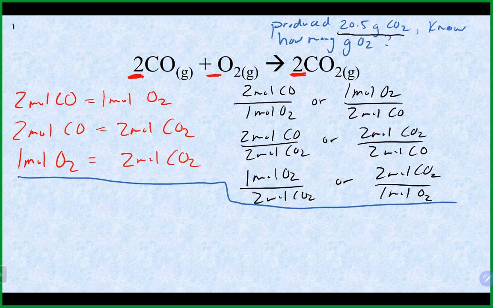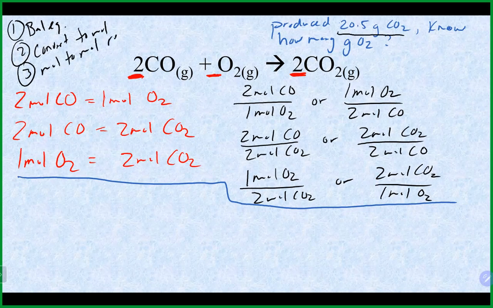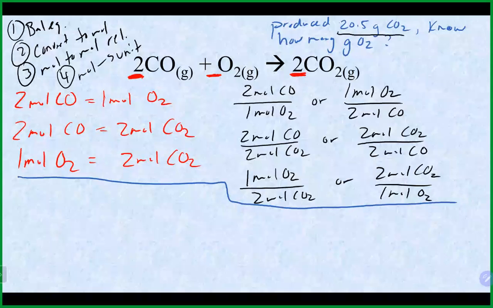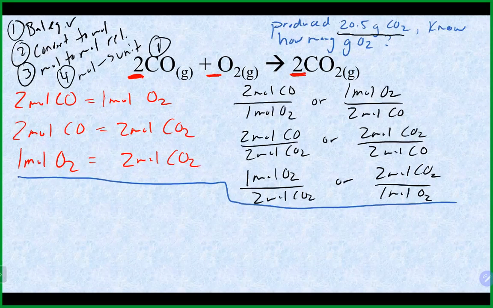So the 4 steps again are to balance the equation, convert to moles, do the mole to mole relationship, and lastly, convert our moles to some other unit. Obviously step number 1 is done for us. We have the balanced equation right there. Step number 2: I have 20.5 grams of CO2.